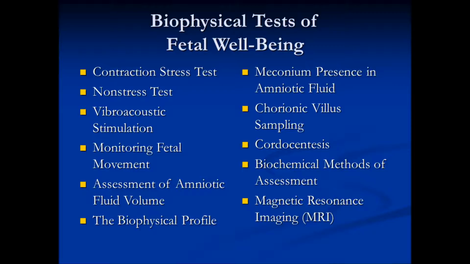So looking at several factors and giving an overall score instead of just looking at one factor is a better indication. They also found that the biophysical profile is actually superior to the 1 and 5 minute APGAR score once baby is born to determine whether there is fetal acidosis going on.